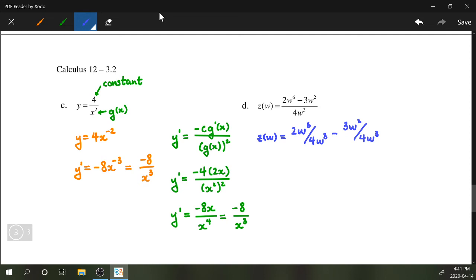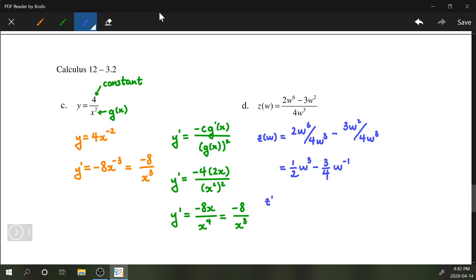And then if you simplify the terms, you have 1/2 w cubed minus 3/4. And then you can write it as probably w to the negative 1 power would be easier. And then you can take the derivative using just the power and constant rules.